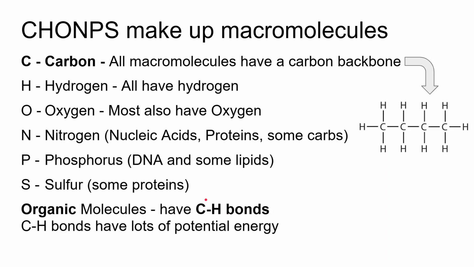We don't tend to see a lot of these things, a lot of CH bonds outside of biological systems. It takes some energy to make these, right? And of course, living systems, one of their hallmarks is the fact that they use energy. And so because of this, the C and H, these are fairly high energy bonds, right? So the more of these that a molecule has, the more potential energy that it is carrying.